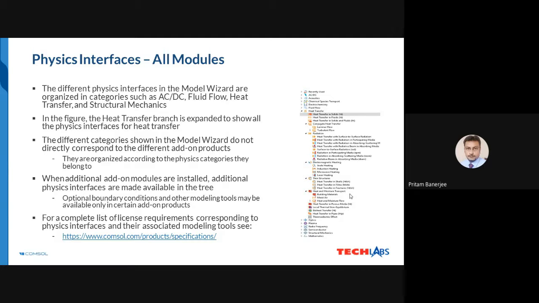It could be heat and moisture transport, like moist air could be added into the physics, or heat and moisture flow. We will be adding whatever type of physics we are trying to add from that specific module in our design.